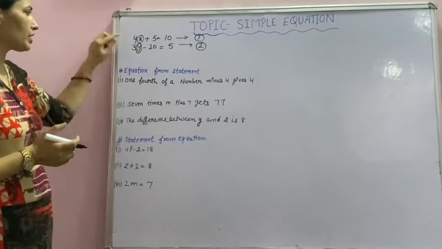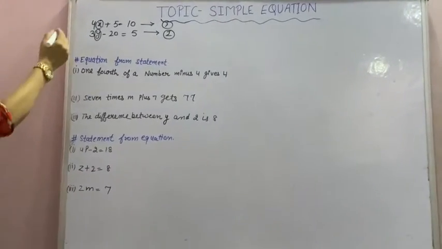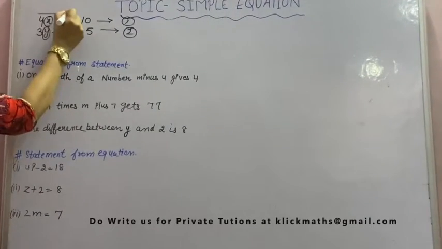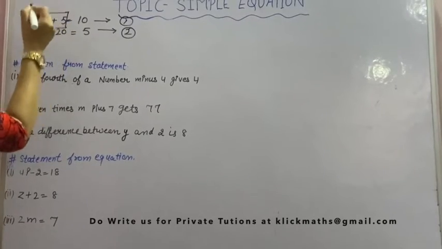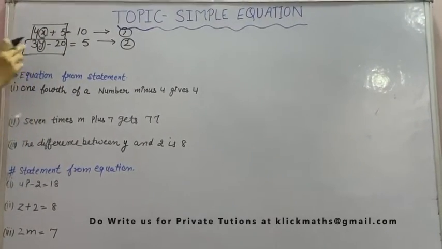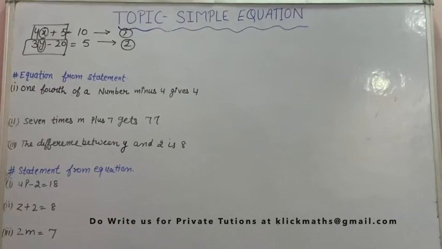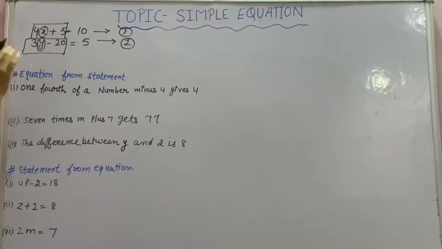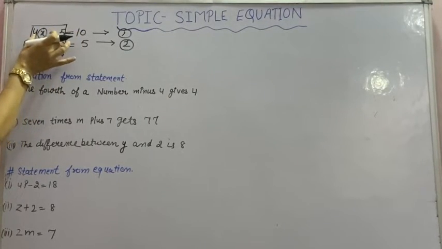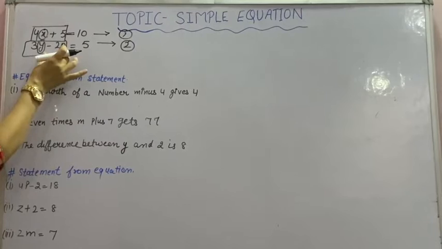In the first expression, first we multiplied 4 with x and added 5. In the second expression, first we multiplied 3 with y and subtracted 20 from this product. And when we use the equality sign, the expression becomes an equation.